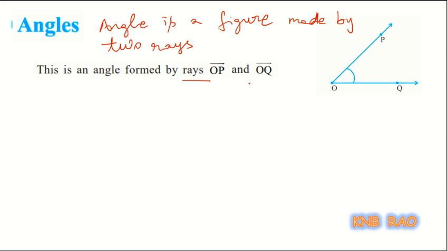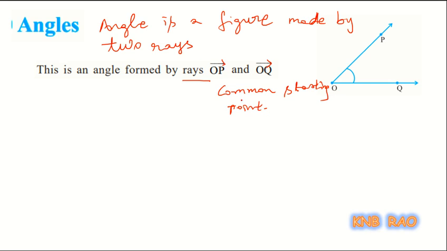And do you have any specialty for these two rays? For the ray OP and for ray OQ, do you have any specialty? Yes, there is. What is that? There is a common starting point, which we call the vertex in the angle.